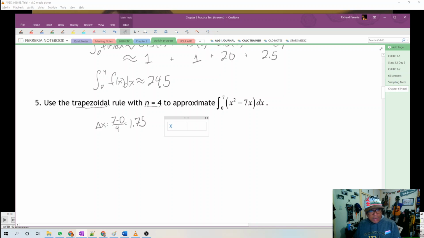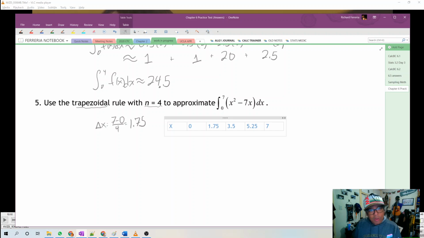My x's that I have to evaluate are at 0, 1.75, 3.5, then 3.5 plus 1.75, that's 5.25, and then lastly 5.25 plus 1.75 is 7.